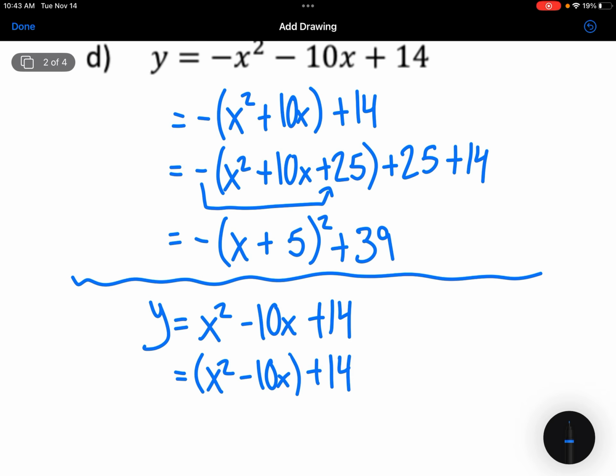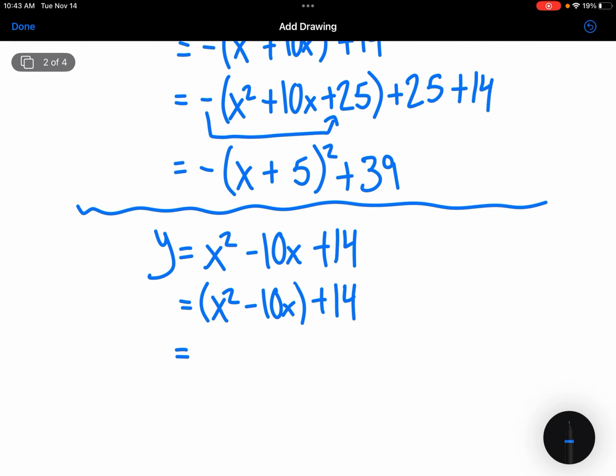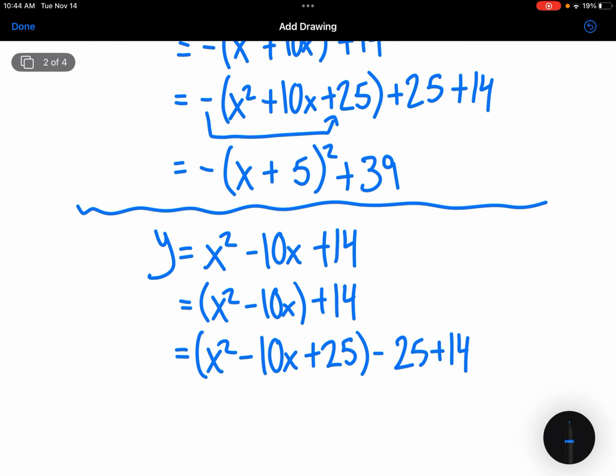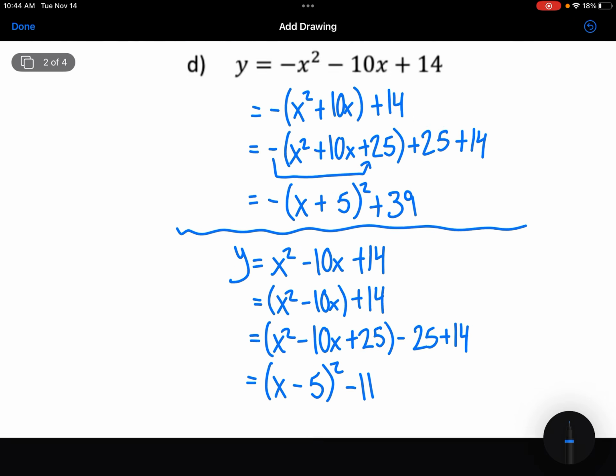Because there really was no a value, so then it's going to be x squared minus 10x plus 25 plus 14. But in this case, there's no a value, so I just have to minus 25 outside. So then I get x minus 5 squared, and then negative 25 plus 14 is going to be minus 11.